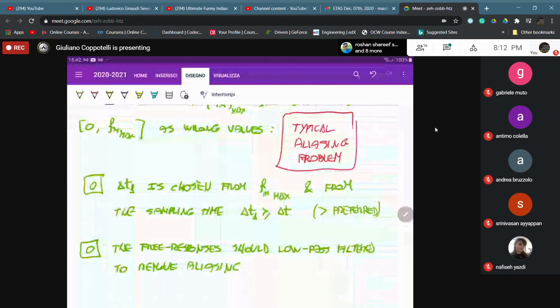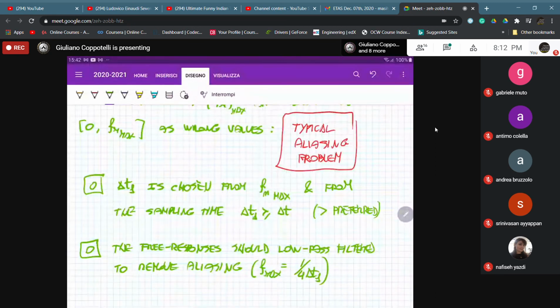And remember, the maximum natural frequency is equal to 1 over 4 delta T1. Okay? So that is what is generally considered for this approach.